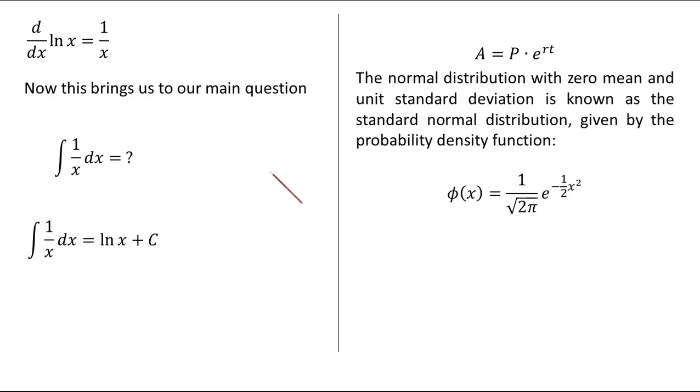And even in the normal distribution with zero mean and a unit standard deviation, which is known as the standard normal distribution, the probability density function is represented by this formula, which also has an e inside. So this number e keeps on appearing everywhere and not 10. So that is why the base for natural logarithms is e and not 10.